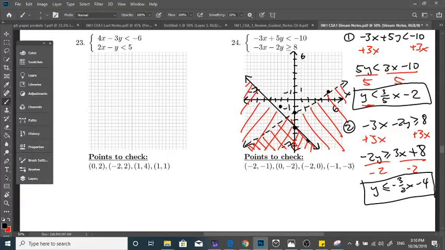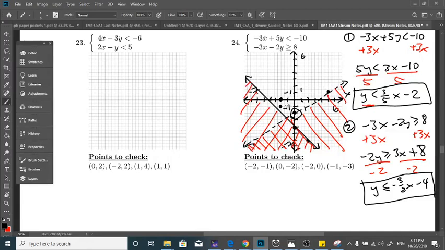No. The reason is because it's not in here. Alright, 0, -2. Is that in the solution set? No, for two reasons. One, it's not in here. And because it is on the dotted line. How about -2, 0? -2, 0 is right there. Also not in the solution set.